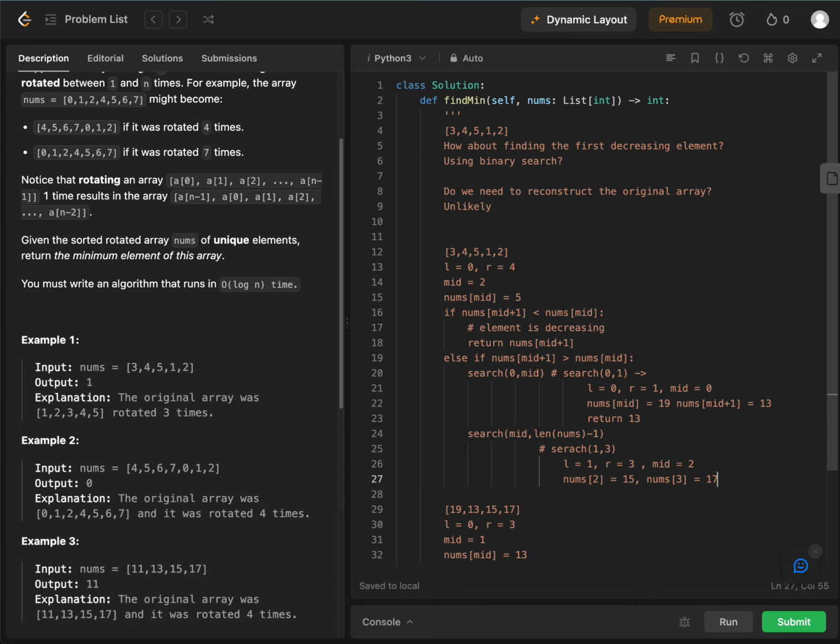Is this a recursive solution or an iterative solution? Right, that is another question. So now if the element is decreasing, you return nums mid plus 1. This nums mid plus 1 is greater than nums mid. Search this. Okay, so essentially let's just stick it here.